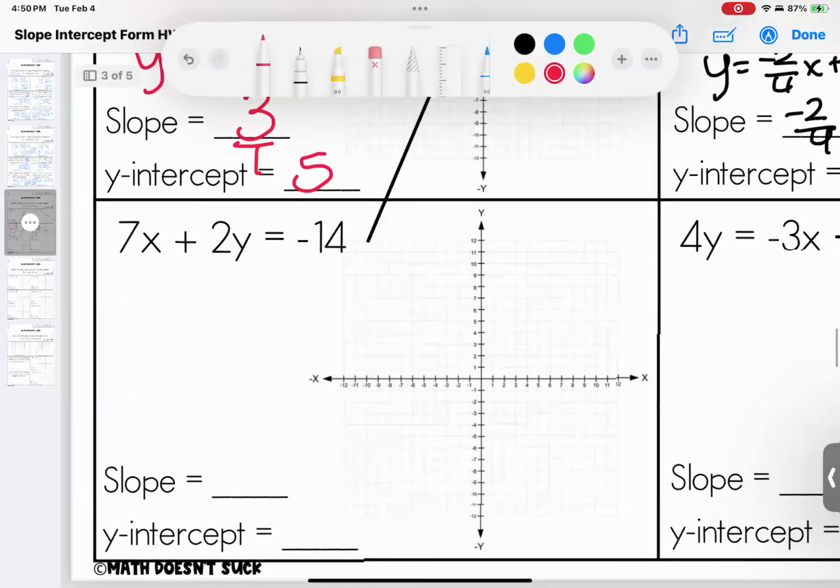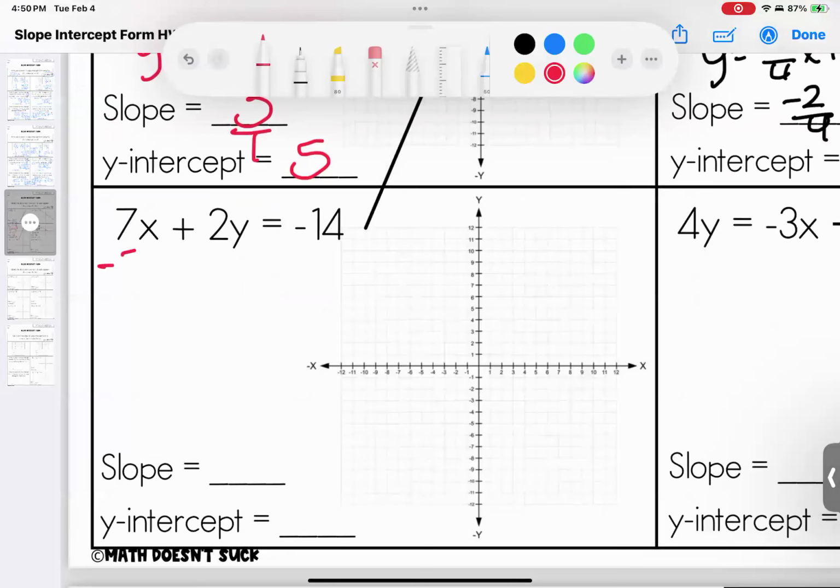and keep on trucking. All right, minus 7x, minus 7x, is 2y is equal to negative 7x minus 14. Just in case I get the question, I am putting it in y equals mx plus b form. So even though the negative 14 is there, I'm putting the 7x in front because that's the proper equation.